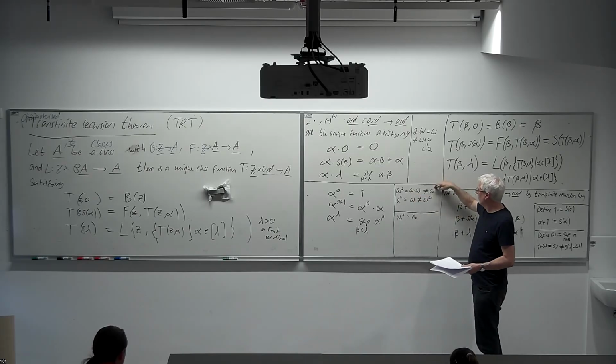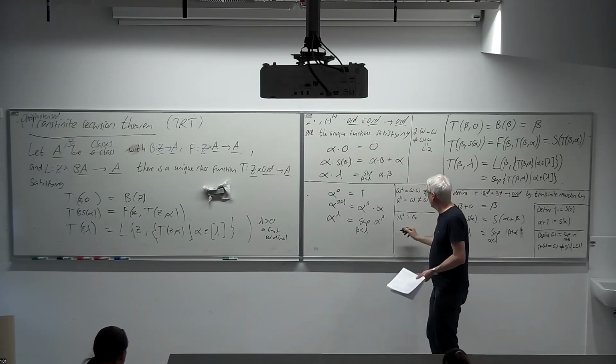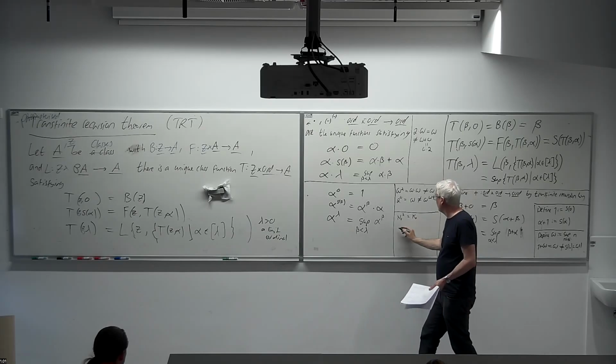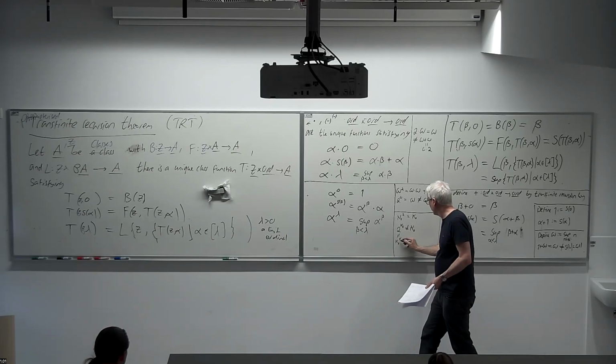So here we have a non-equality between them, here we have an equality. And if we look at 2 to the aleph 0, then of course that's strictly greater than aleph 0. But this equals aleph 0 to the aleph 0.